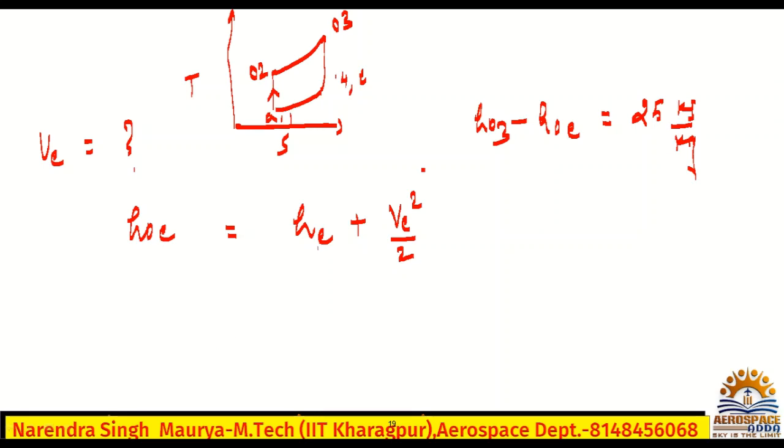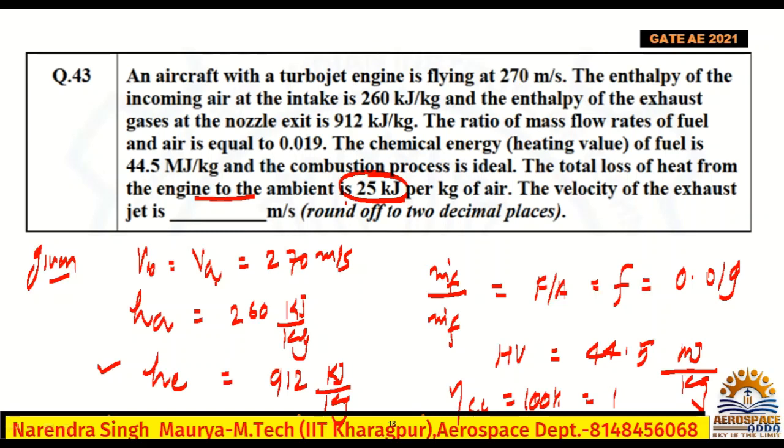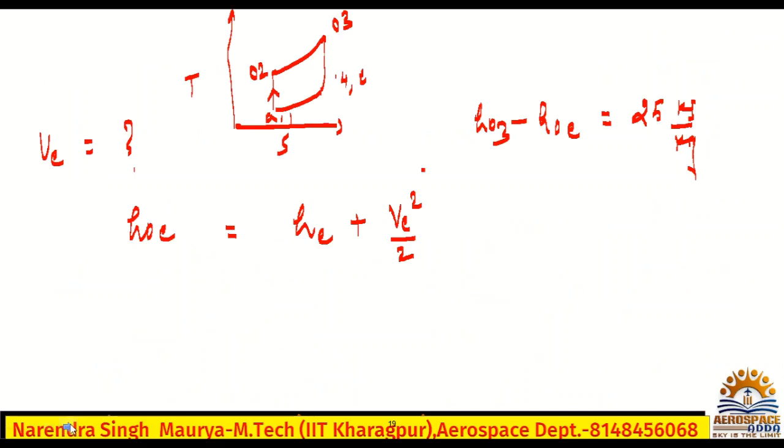So we can calculate enthalpy at the exit. Now in this problem, after reading all this data, you can check fuel air ratio they have given, heat value they have given, combustion chamber efficiency they have said ideal, hence you can say 1 or unity or 100%. All right, so we can write the energy equation. So I must write this VE.